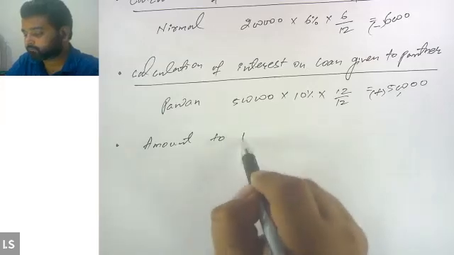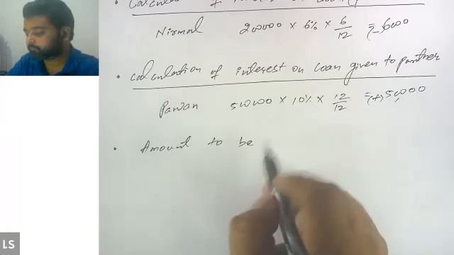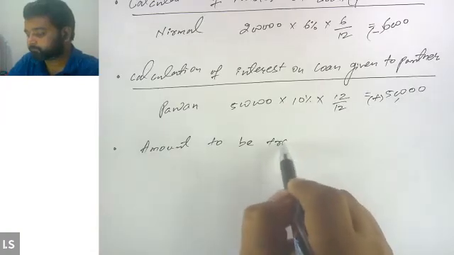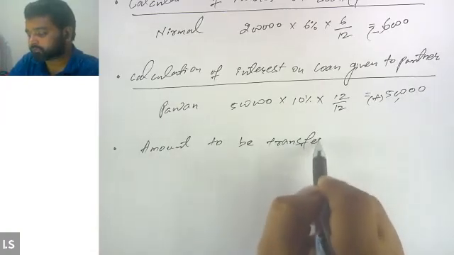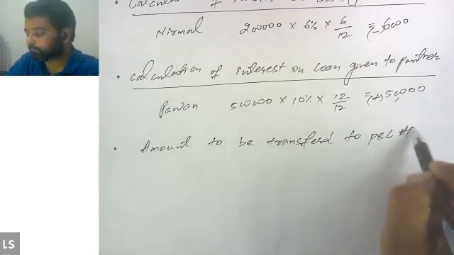Sir, should we write this? Yeah, please write it down. Amount to be transferred to profit and loss appropriation account.